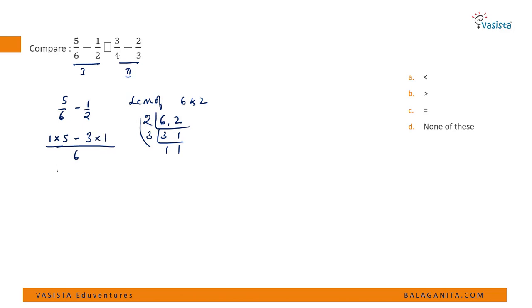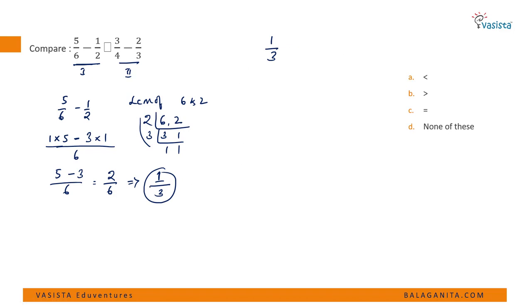That is going to be 5 1s are 5, minus 3 1s are 3, by 6, which is going to be 5 minus 3 is 2 by 6. Further simplification is possible because both 2 and 6 are multiples of 2. Divide it, so 2 1s are 2 and 2 3s are 6. We got the first one as 1 by 3.